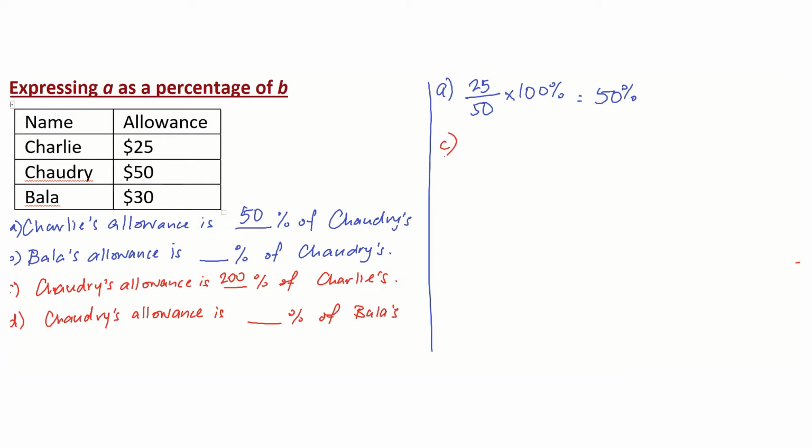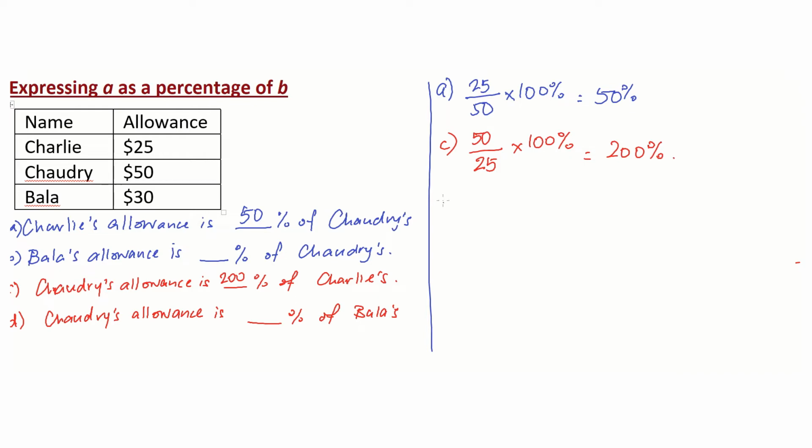Similarly, for part C, if I want to compare Chowdhury's allowance as a percentage of Charlie's, I'm now using Charlie's allowance as the main base here. Then Charlie's allowance will be in the denominator and Chowdhury's allowance will be in the numerator. Multiply by 100%, and you realize we get 200% in this case.